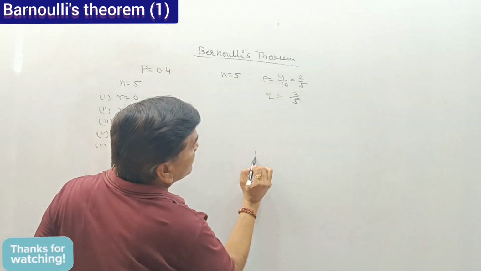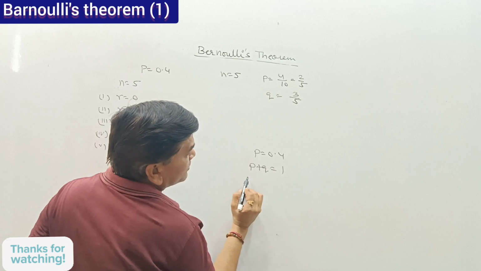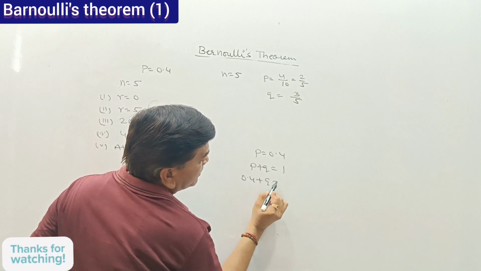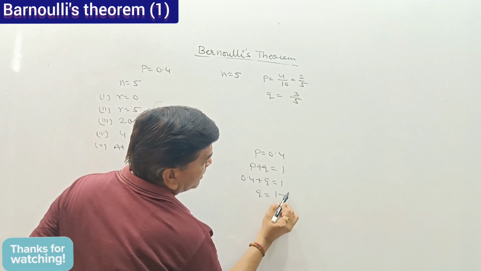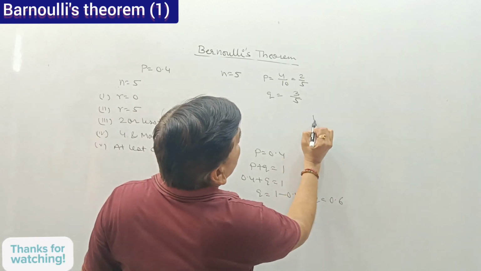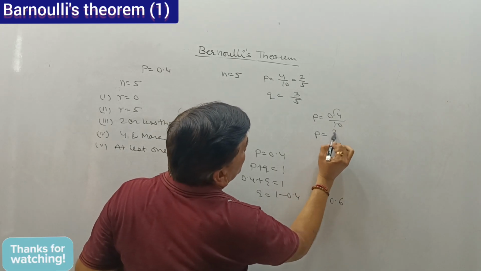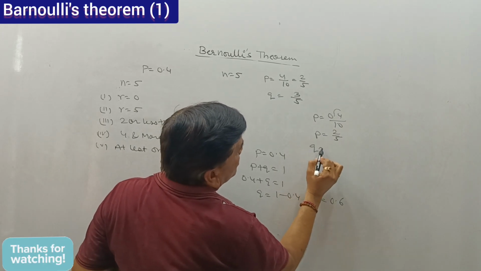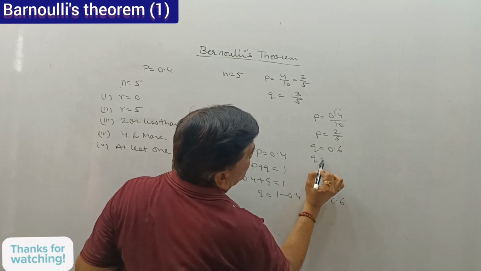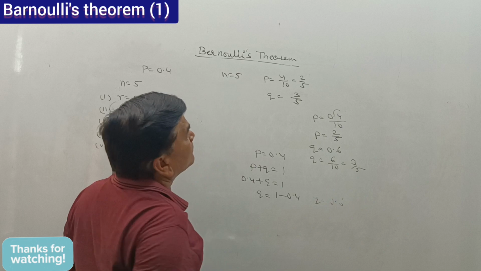Because p is given as 0.4, as we know p plus q is equal to 1. So 0.4 plus q is equal to 1. So q is equal to 1 minus 0.4. So the q value will be 0.6. P is given 0.4, so the p value will be 2 by 5 and q is 0.6, so the q value is 6 upon 10, that is 3 upon 5.